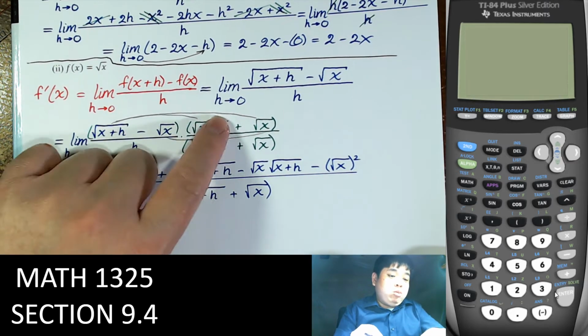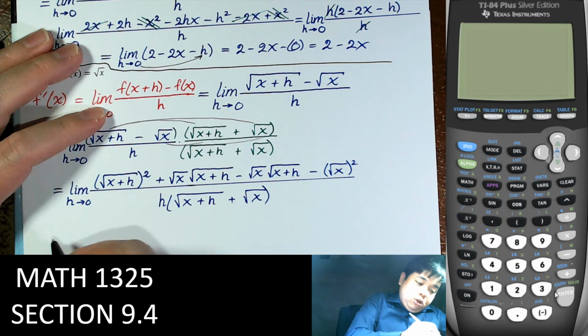Right, like I said, only multiply the conjugates. If they are not, do not multiply them.